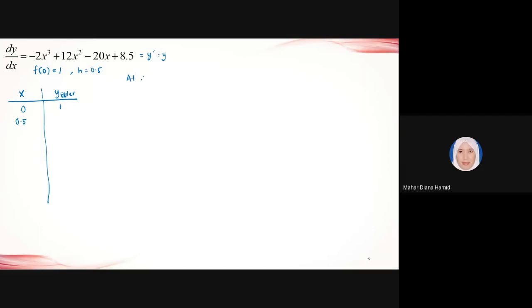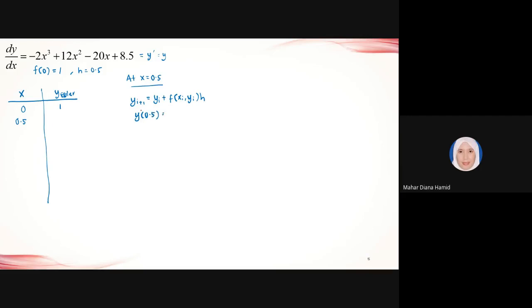So at x equals 0.5, remember that for Euler's, we have the equation as this. So this would be the equation for Euler's, and then we are going to fill in.